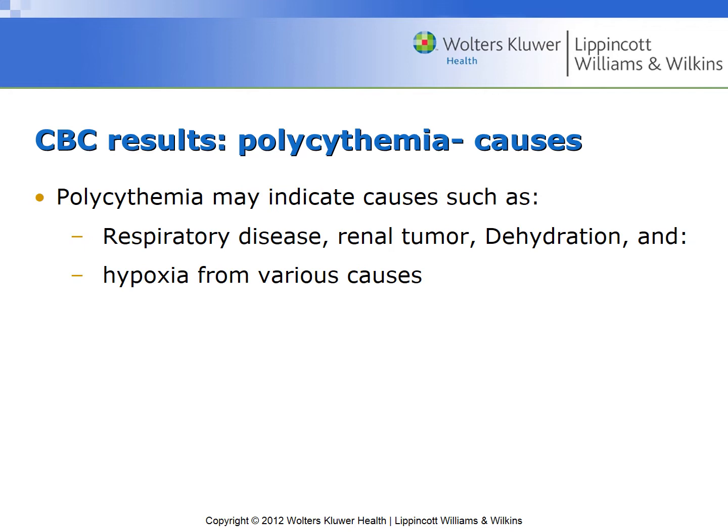Or say your patient lives in Denver, lives in a high altitude environment. High altitude, low oxygen. Again, producing more red blood cells to make the most use of what oxygen is available.